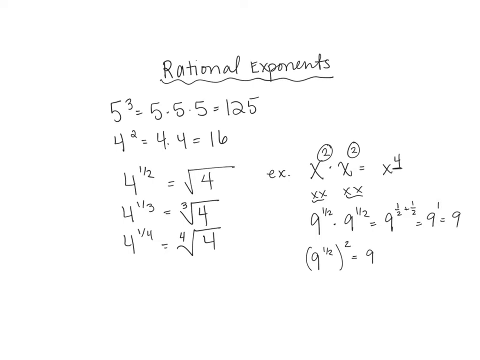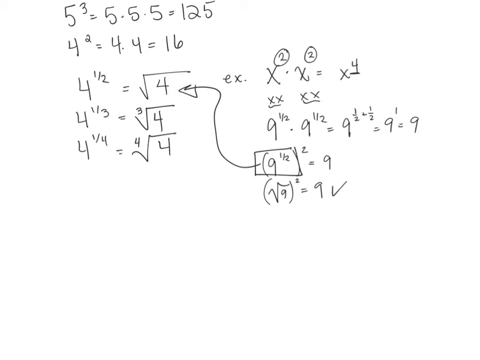And when we call a number that does that, the square root. So we know that the square root of 9, when we square it, we get 9. So that notation for a fractional exponent really just means radical, or square root. Okay, let's look at that again. How about 16 to the 1/4 times 16 to the 1/4 times 16 to the 1/4 times 16 to the 1/4?